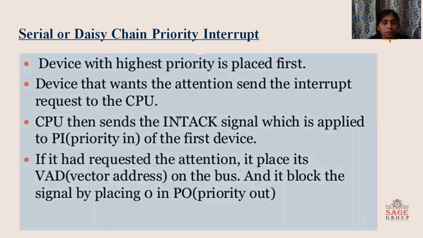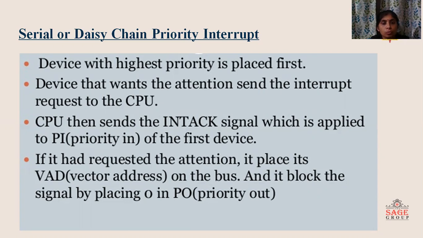As we have discussed the different modes of data transfer, the first method is program input output. In case of interrupt priority, the CPU is connected to the input output devices through the interface.